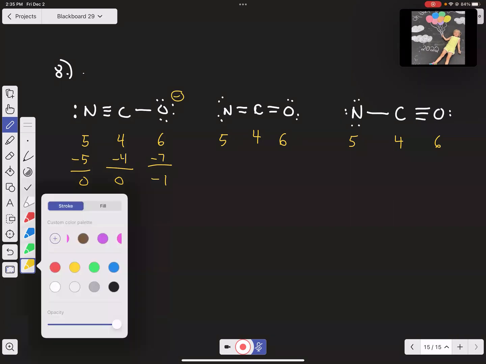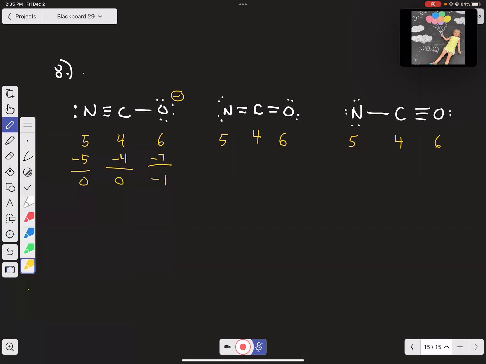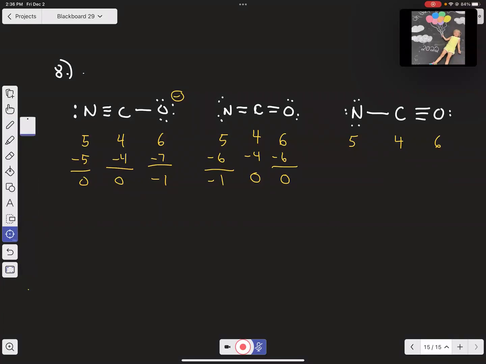The next one down, nitrogen has 1, 2, 3, 4, 5, and 6. Carbon has 4, and oxygen also has 6. So 5 minus 6, 4 minus 4, 6 minus 6, which would be -1, 0, and 0. And then the last one, nitrogen has 1, 2, 3, 4, 5, 6, 7 electrons assigned.